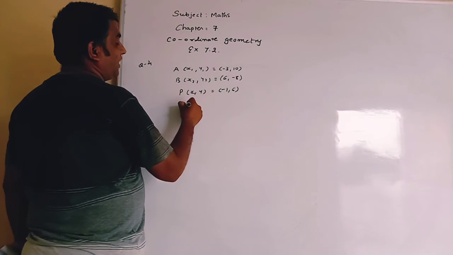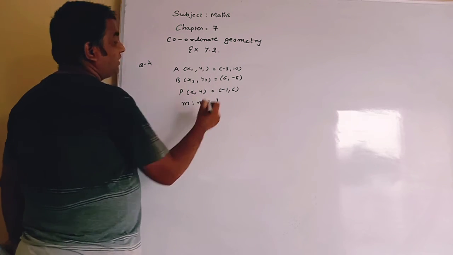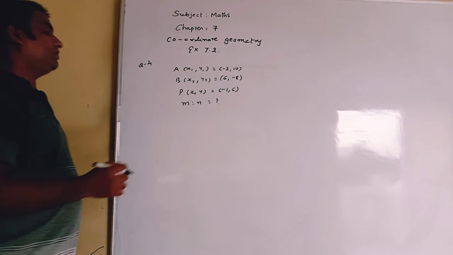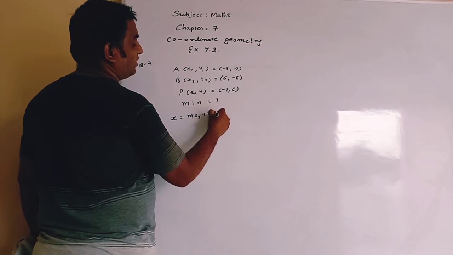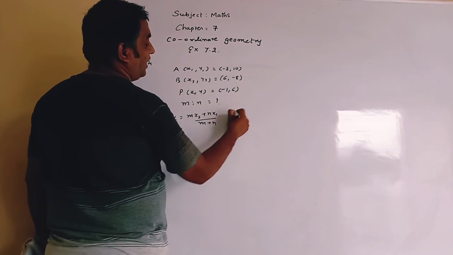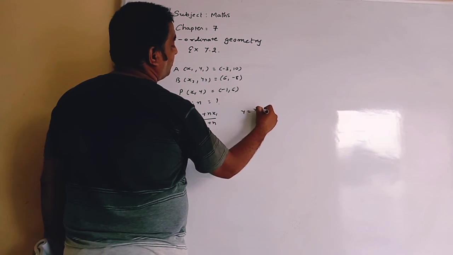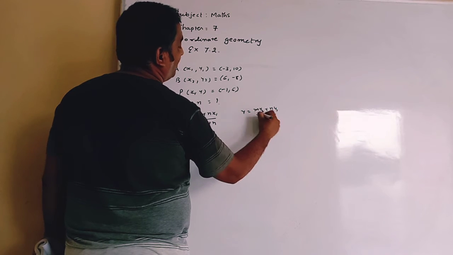Find the ratio m is to n. So we can use x coordinate (mx2 plus nx1) by (m plus n) and y coordinate (my2 plus ny1) by (m plus n).